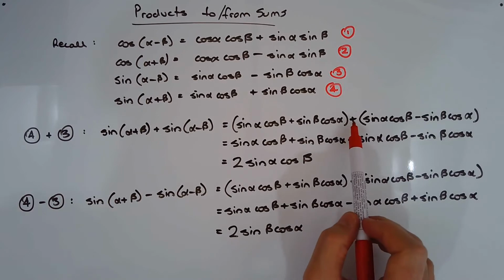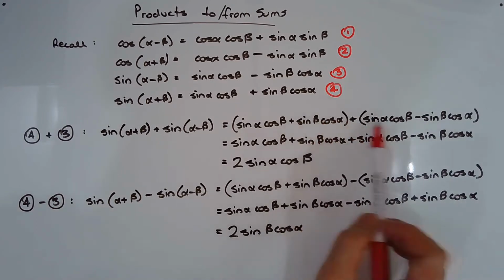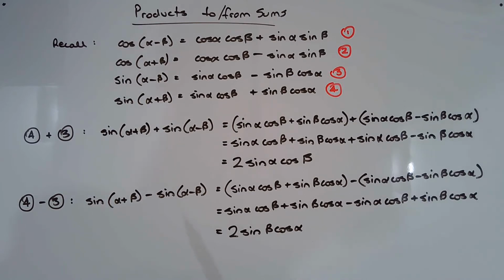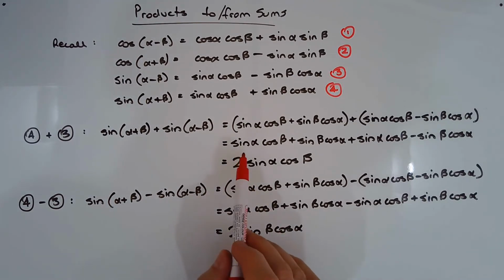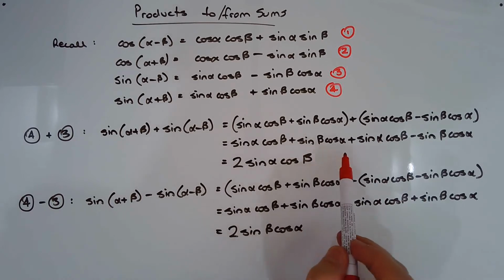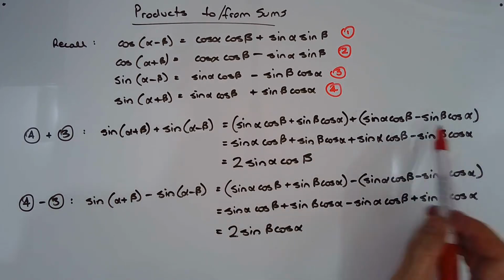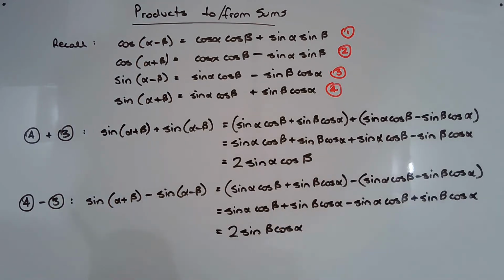Now, because there's a plus sign between the two sets of brackets there, we can just get rid of the brackets and nothing changes. So sine alpha cos beta plus sine beta cos alpha plus sine alpha cos beta minus sine beta cos alpha. So all the plus and minus signs are retained. And if you look carefully, there will be something that'll cancel out.